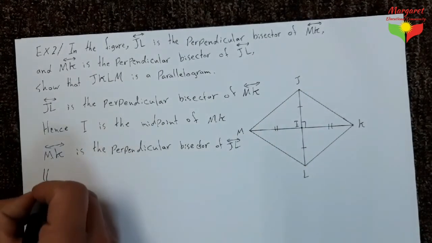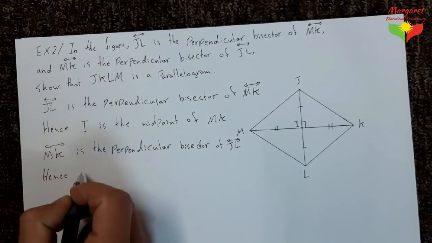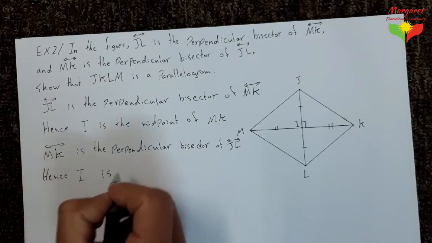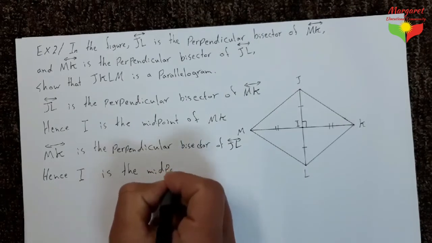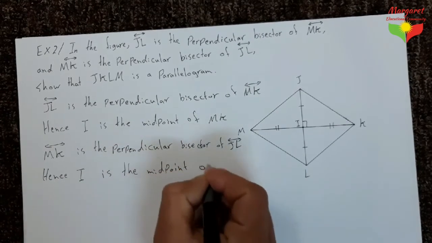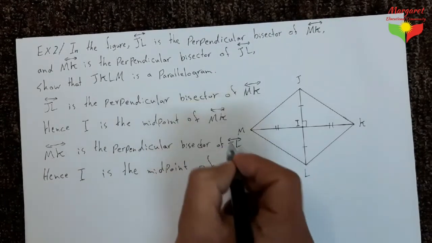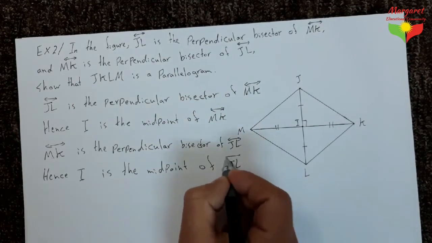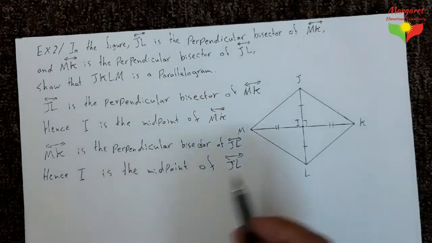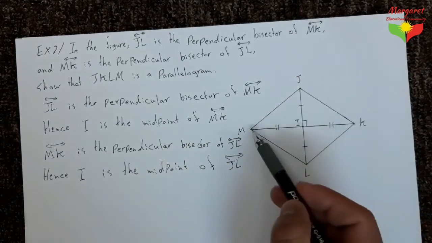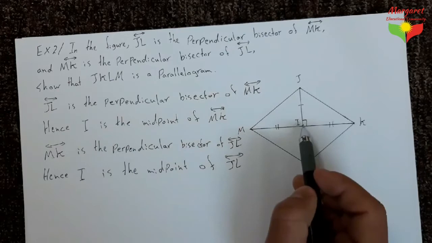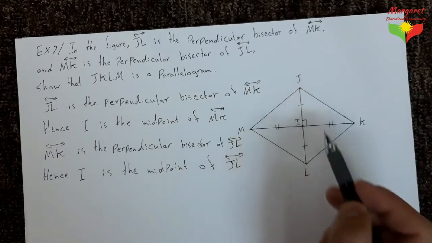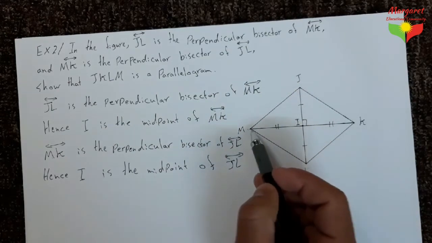Hence I is the midpoint of JL. Now JL and MK intersect at I, and I is the midpoint of JL and MK.